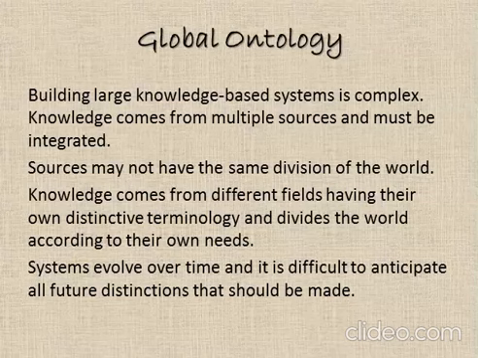The sources may not have the same division of the world, because each piece of knowledge is representing an entity in the world. Knowledge comes from different fields having their own distinctive terminology and divides the world according to their own needs.